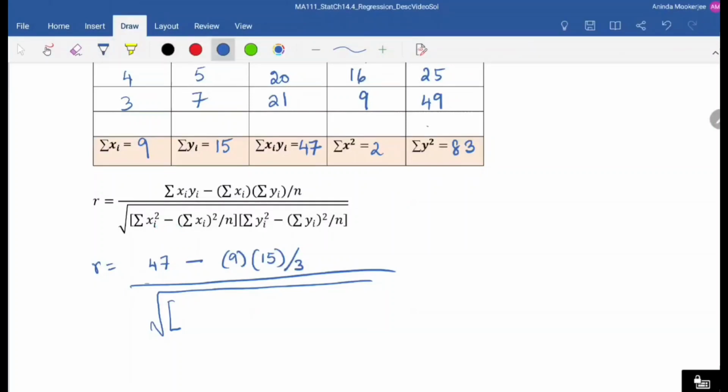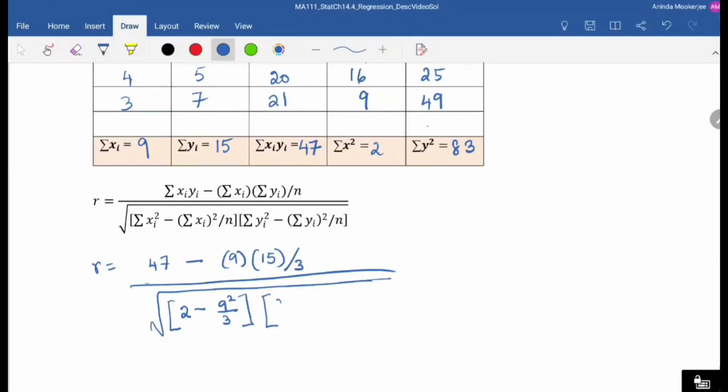Sigma x squared minus sigma x whole squared, 9 squared divided by 3, right?